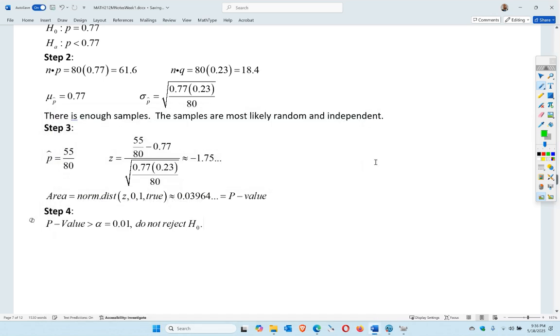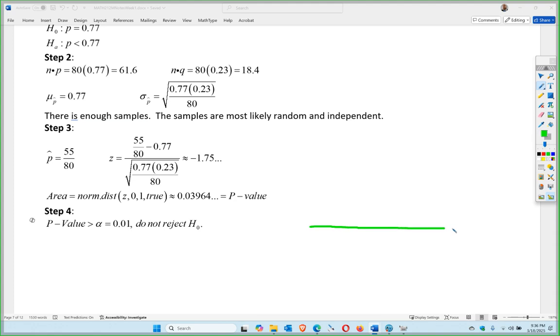Okay, so let's think about that again here. Let's draw a little picture. Let's use black. There we go. All right, here a little picture. Here, so my alpha is 1%. All right. So this is known as the critical region, where that means my sample is significant, basically.